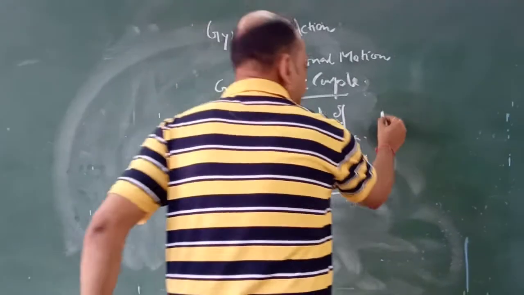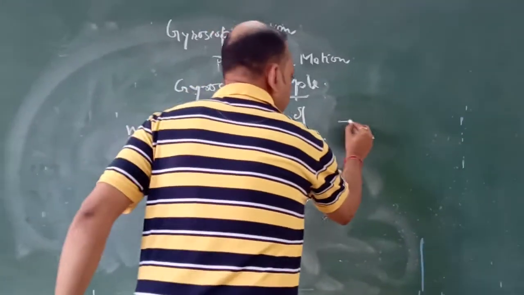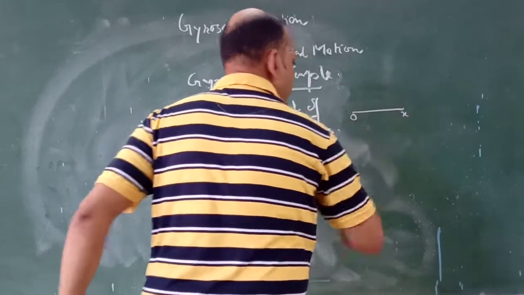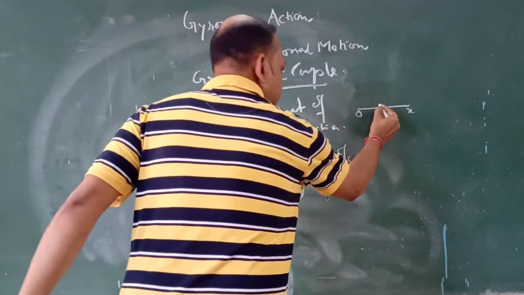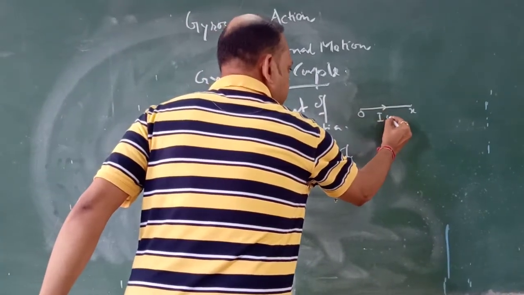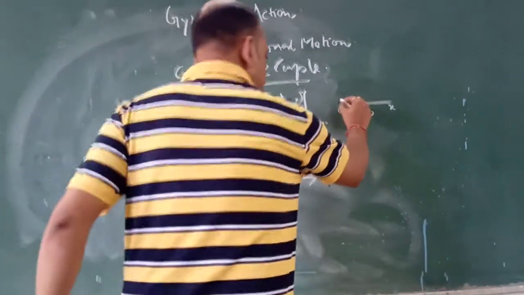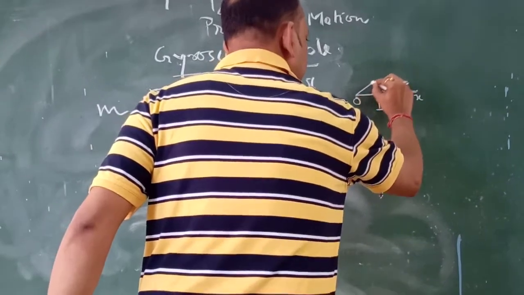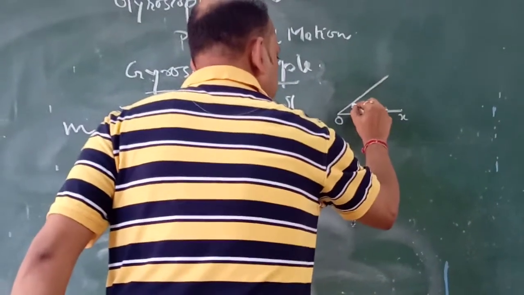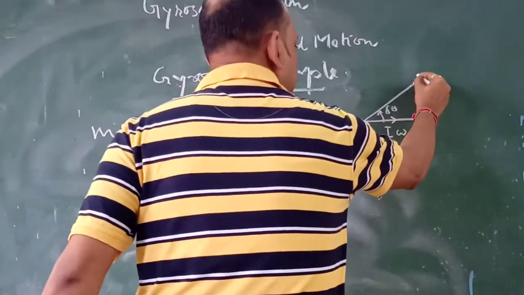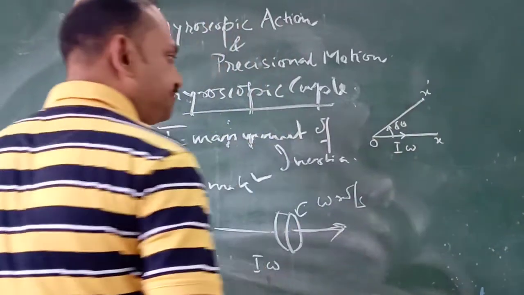So let us see. Initially, we'll consider this vector I omega as OX, and this is representing the angular momentum I omega. At the next instant, when some torque is acting, when it is traversing a very small angular displacement of del theta, let the new position be X dash.